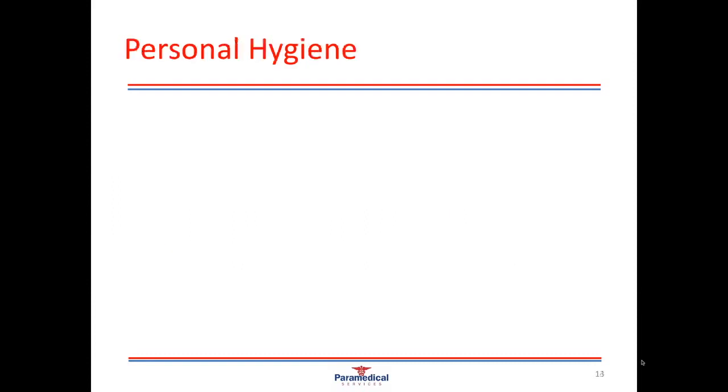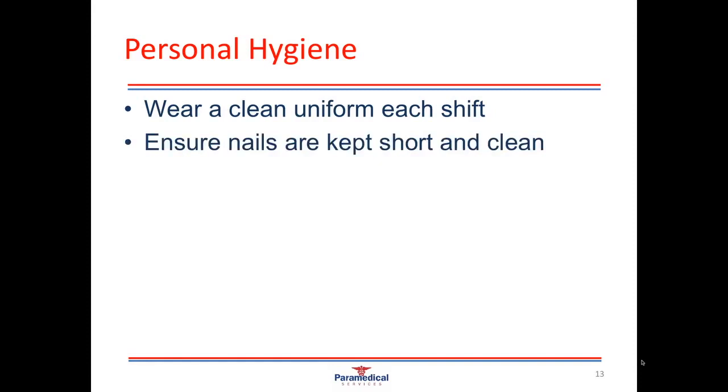Personal hygiene is another important aspect of infection control, and by practicing good personal hygiene, we also help to break the chain of infection. So it's very important to wear a clean uniform with each and every shift. Ensure that nails are kept short and clean, and this means no artificial nails either.